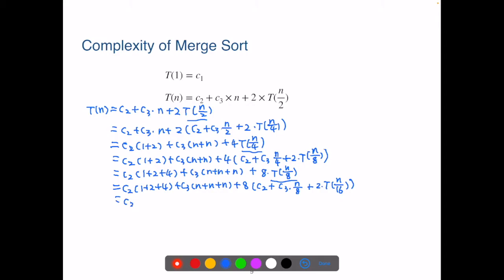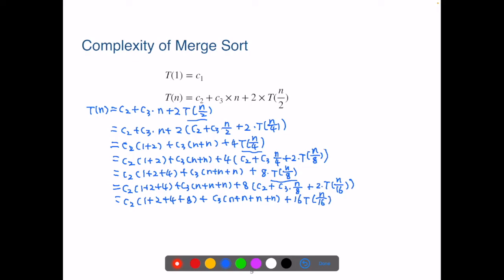Rearrange it. So we have C2 times 1 plus 2 plus 4 plus 8. And we have 1n, 2n, 3n, 4n. And then we have 16T(n/16).